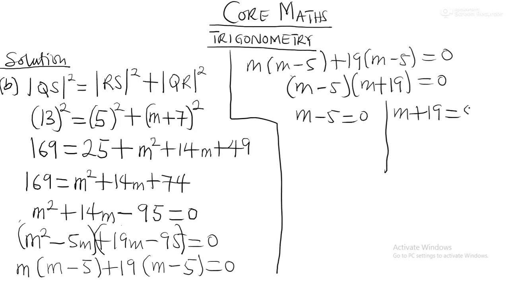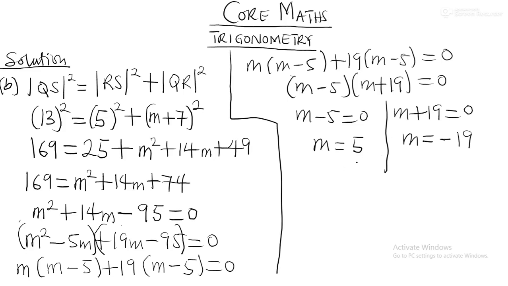So from this we have m is equal to 5, and then m is equal to negative 19. Good. So mind you, we are dealing with distance, and we don't have negative distance. So it means that our m should not be negative. So we have to state that condition.